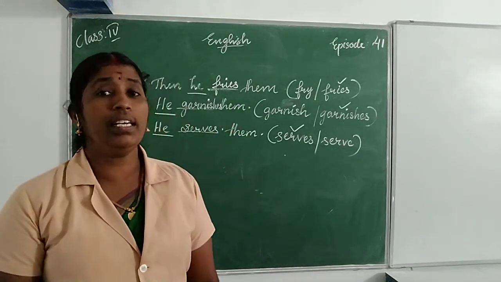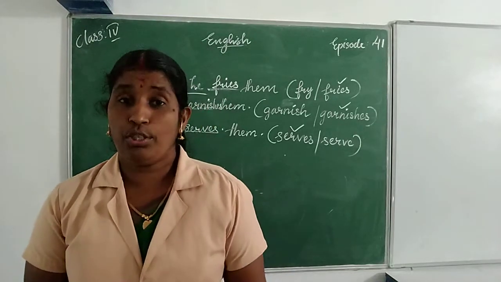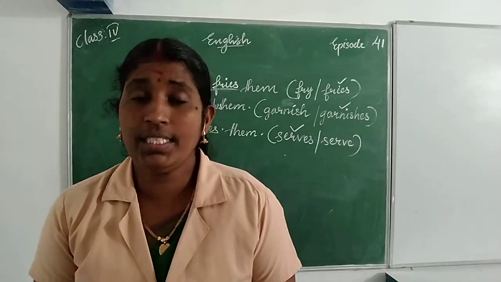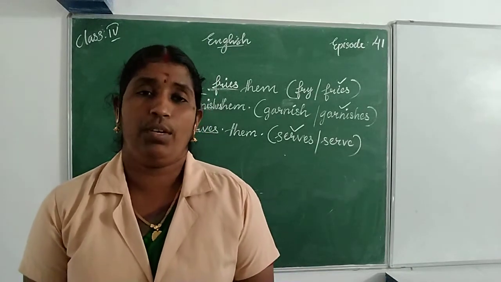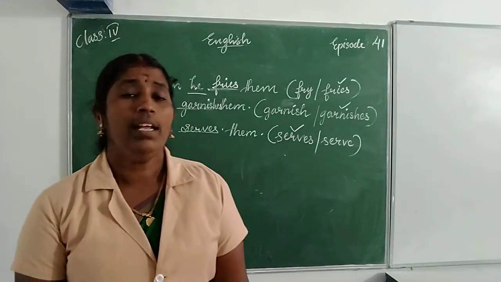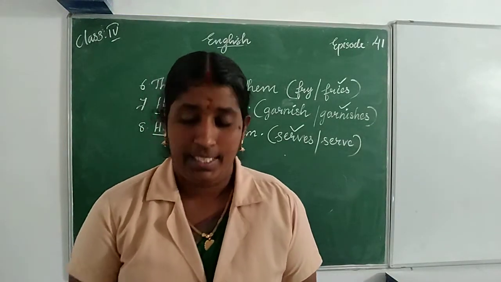Then we get the answer, which word is the subject. Then find out if the subject is singular or plural. If it is singular, use the singular verb. If the subject is plural, use the plural verb. Okay, is it clear?